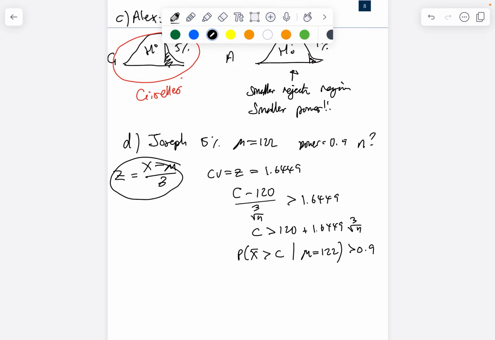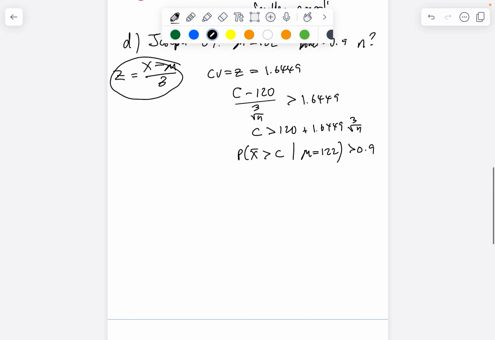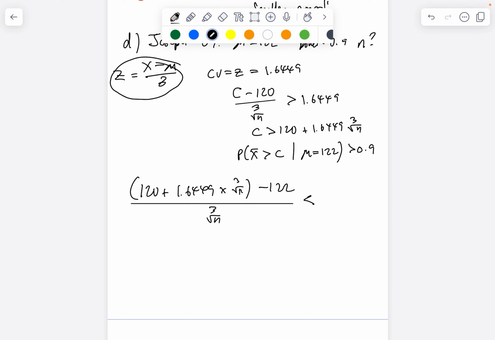I've got 120 plus 1.6449 times 3 over root n, minus 122, again over my standard deviation, which is 3 over root n, and I want that to be less than negative 1.2816, because remember, this is basically greater than 90%.